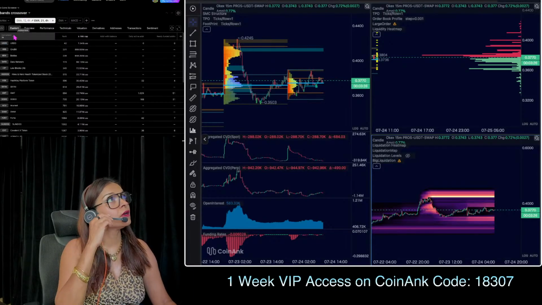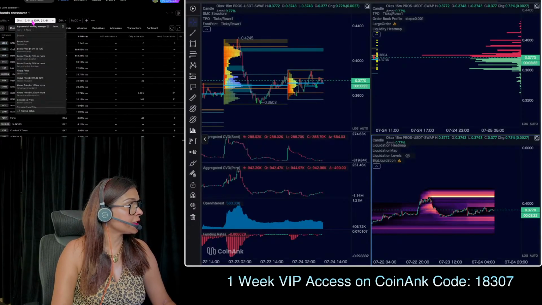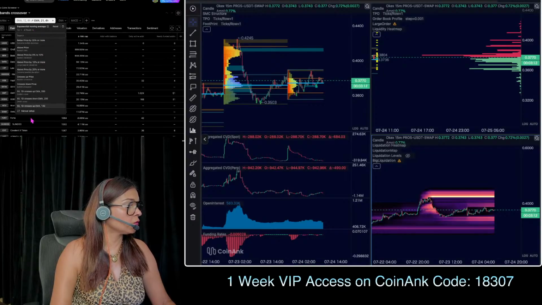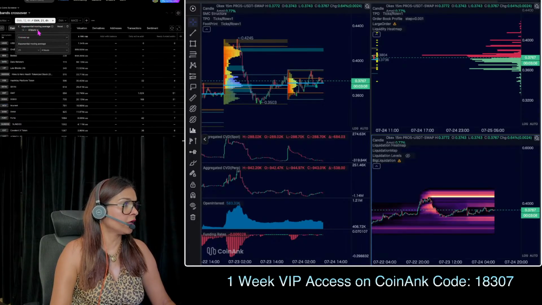Okay. So what I did here is I entered the exponential moving average, the EMA, 12 on the 4-hour time frame. First click on manual setup actually. So exponential moving average, 12 and 4 hours.